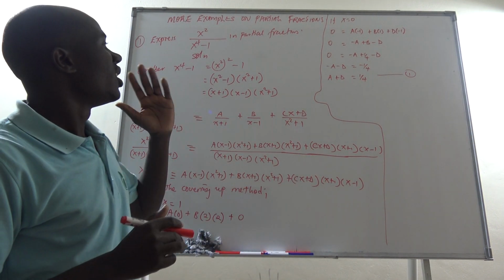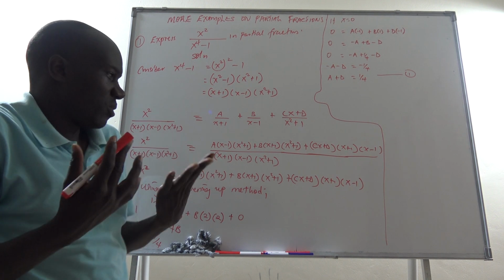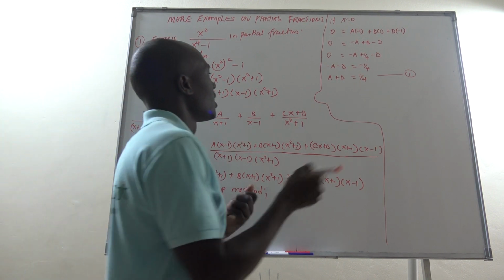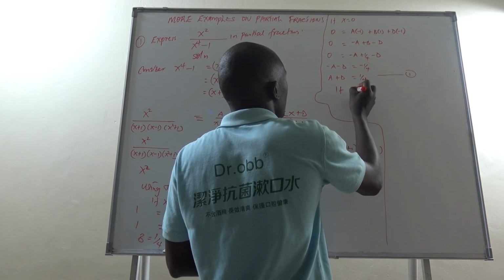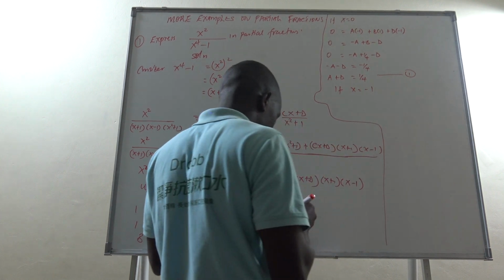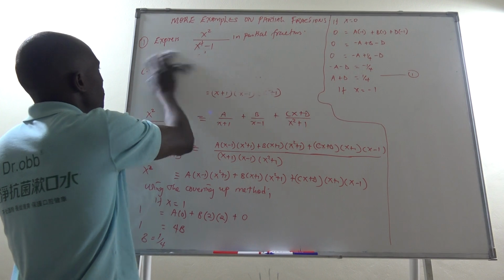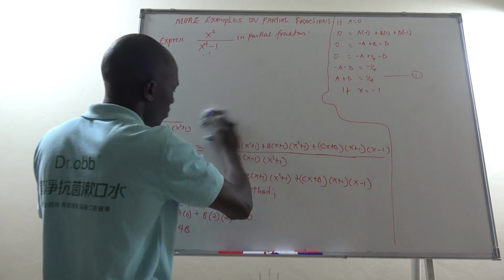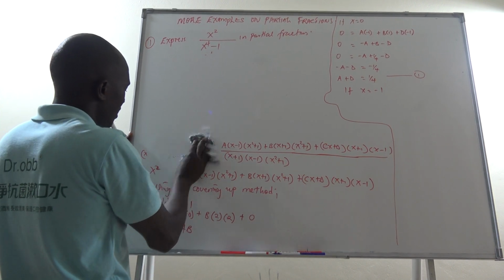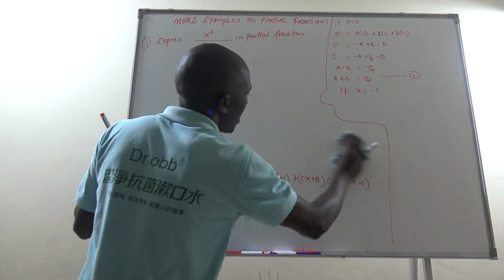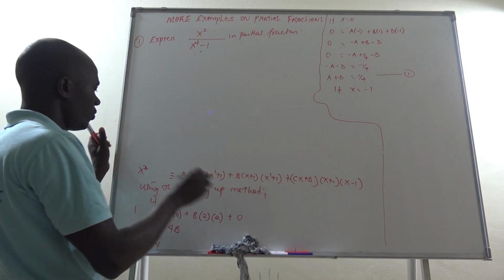Again, I'm going to say if x equals negative 1, such that we can substitute in and see what will come out. So we substitute x equals negative 1 into the whole expression.